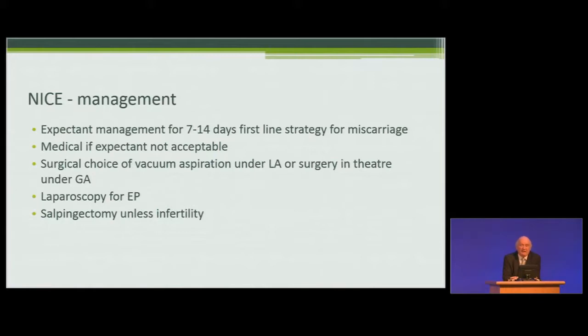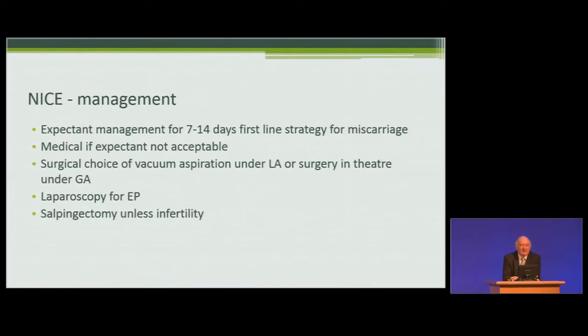But again, it's very much a stepwise progression that you have to really consider and use the expectant management and work your way up to the surgical. And even when you get to the surgical stage, then there's a strong recommendation for vacuum aspiration under local. And I suppose this is something that they've been doing in the States for a long time, but maybe in the UK, it hasn't really gained acceptance yet as a standard.